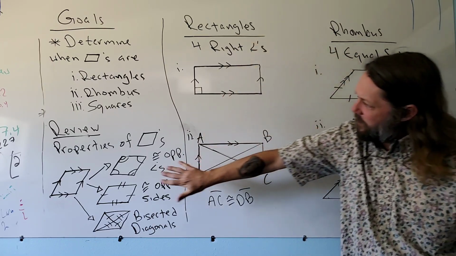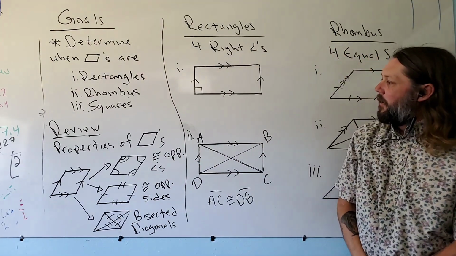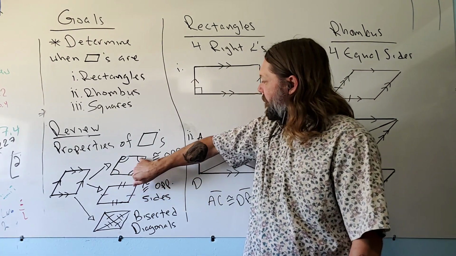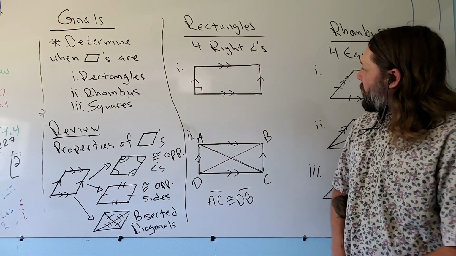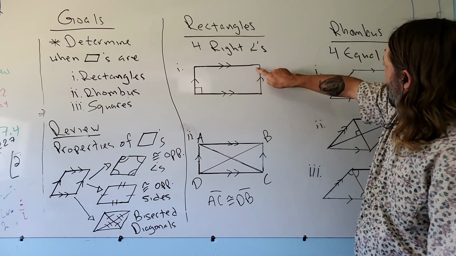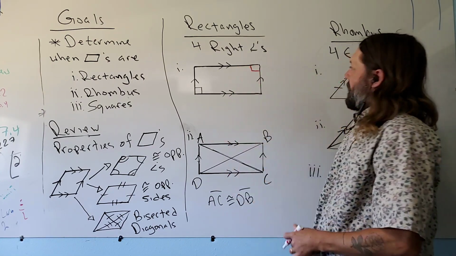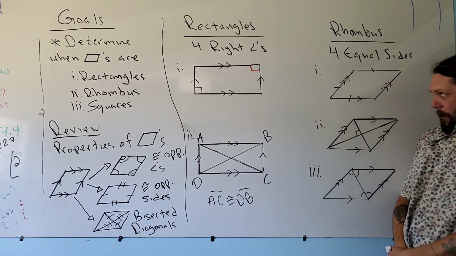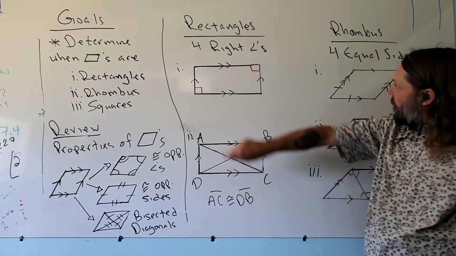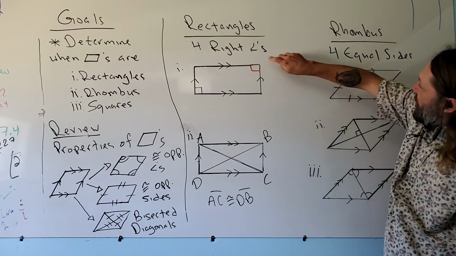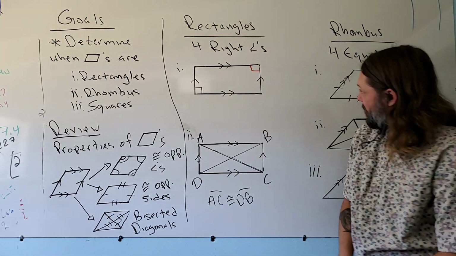So let's look at our properties of parallelograms. Remember, opposite angles are equal, right? So that's a right angle. I can very quickly reason that this must be a right angle, right? And we know that the 4 angles must add up to 360 degrees, right?